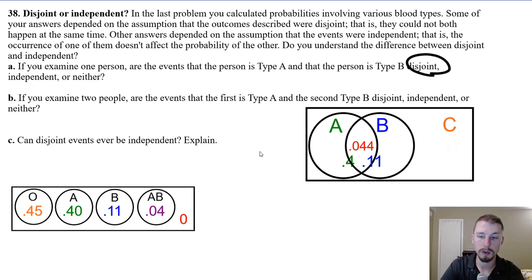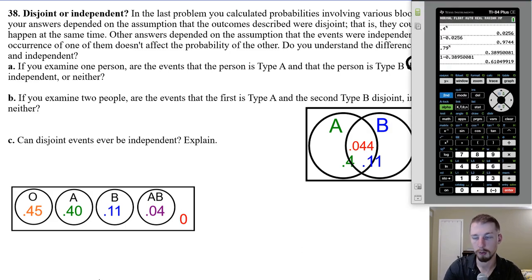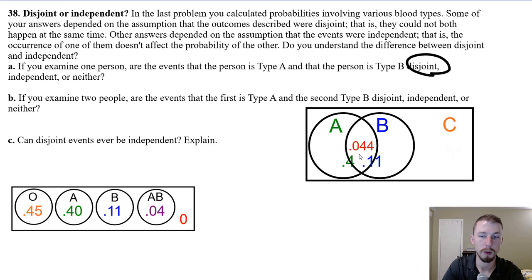So 40% of 11% is 0.044, which we could put in the calculator: 0.11 times 0.4. So there's a 0.044 probability that if we sample two people, one of them will be type A and the other one will be type B.